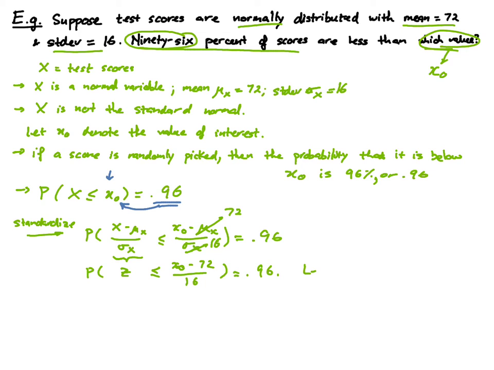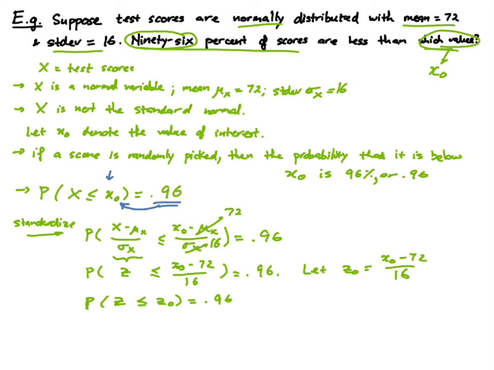Let me use z sub 0 to denote x sub 0 minus 72 over 16. Then the problem boils down to the probability that z is less than or equal to z sub 0 is 0.96. So here's the idea.